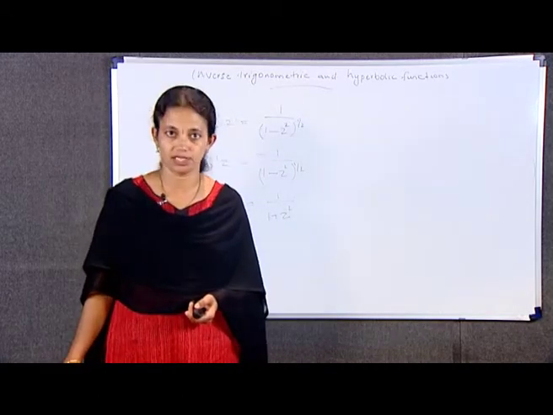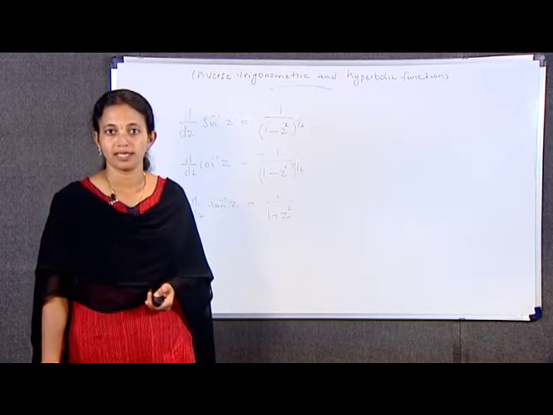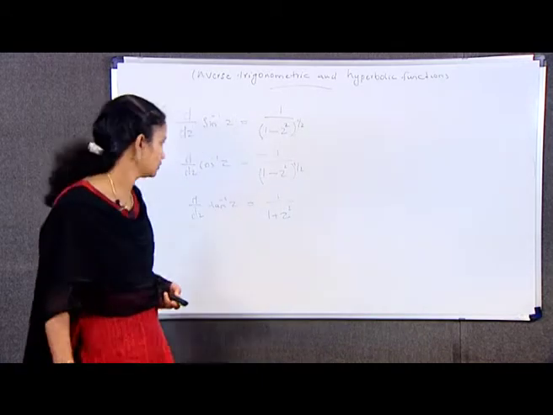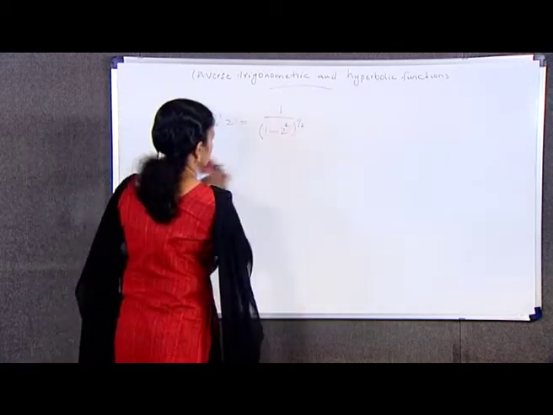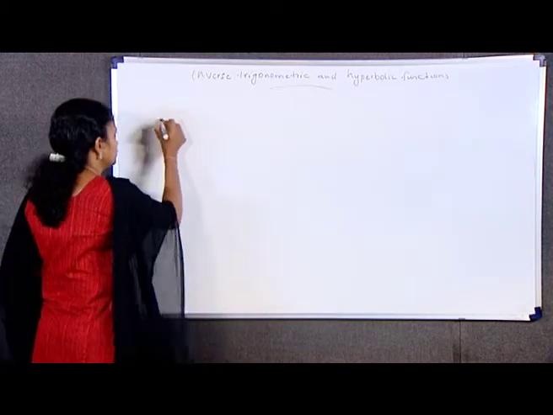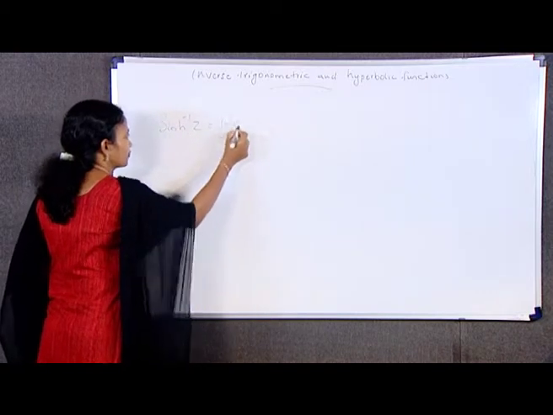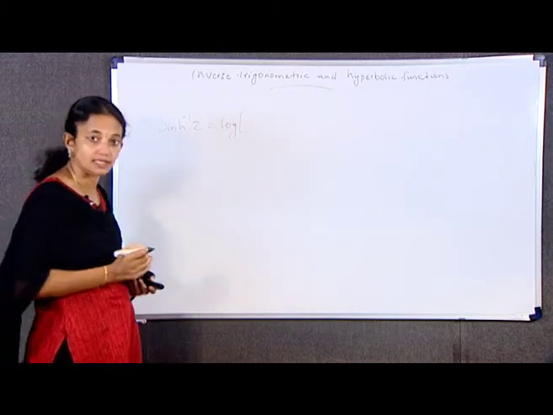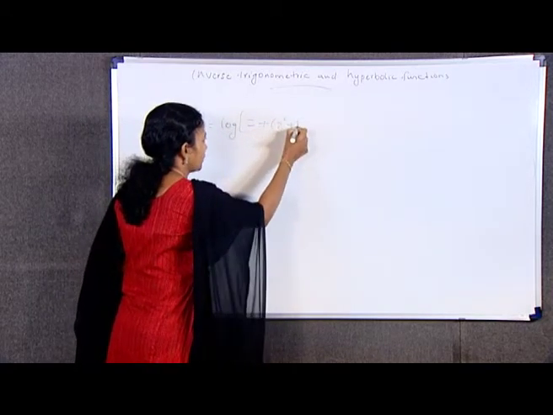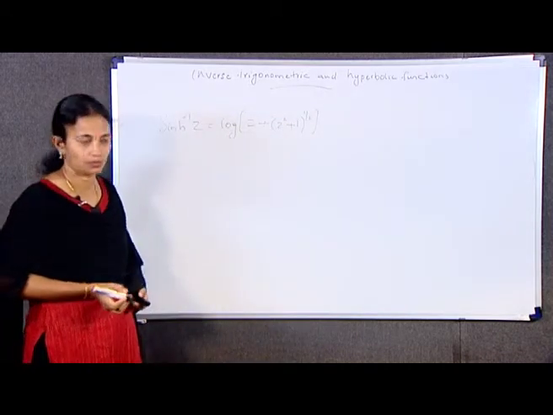Inverse hyperbolic functions can be treated in a corresponding manner. It turns out that sinh inverse z is equal to logarithm of z plus z square plus 1 whole raised to 1 by 2.